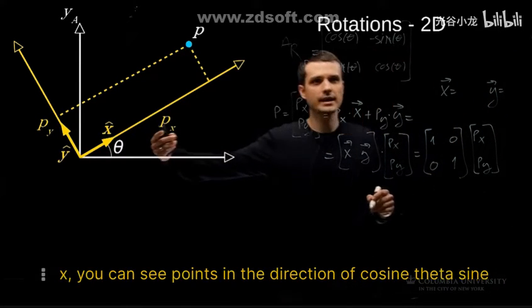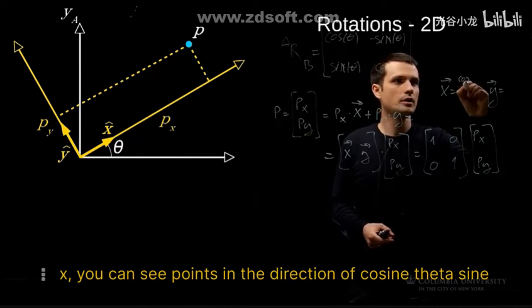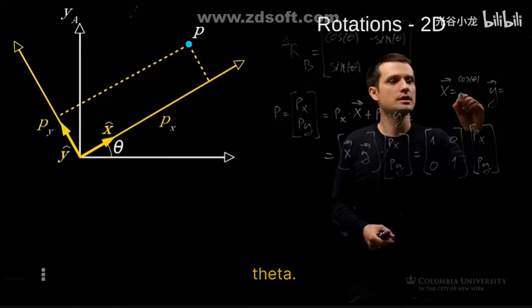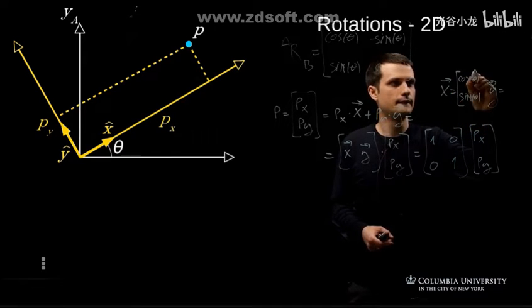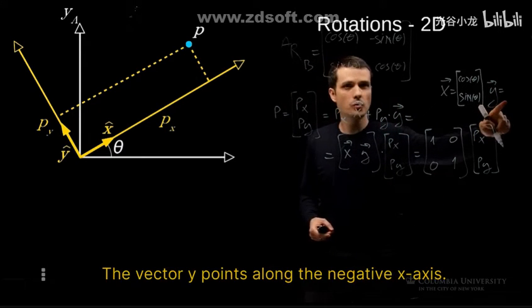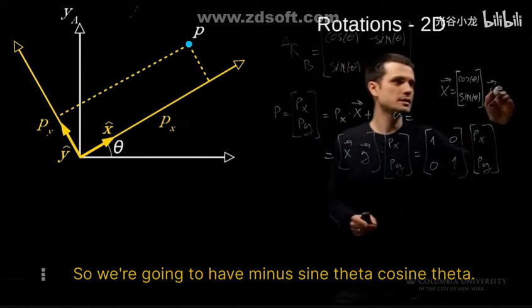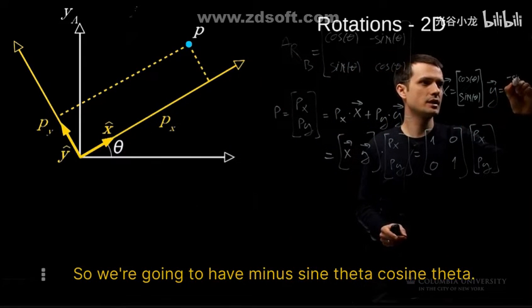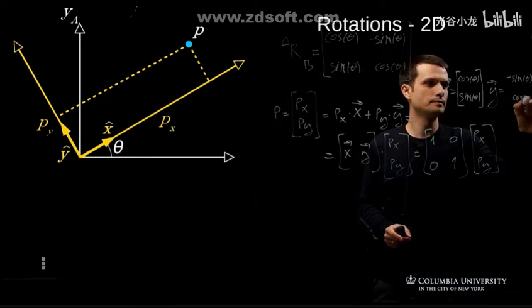So the vector x, you can see, points in the direction of cosine theta, sine theta. The vector y points along the negative x-axis, so we're going to have minus sine theta, cosine theta.